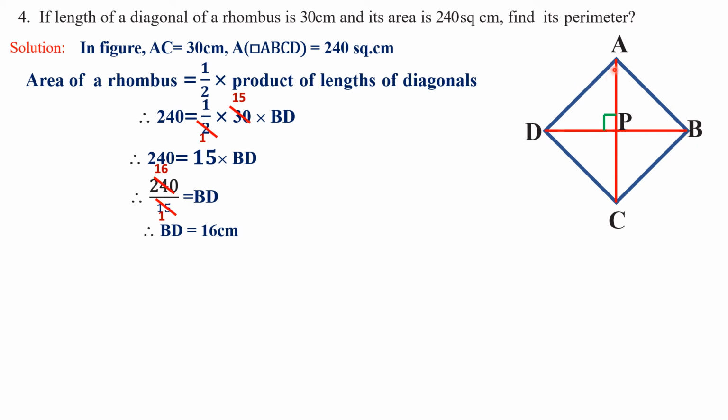Here BD is equal to 16. Now we find out the side of the quadrilateral. So we first find out half of the BD, that is DP. Therefore DP is equal to BD upon 2. 16 upon 2 is equal to 8 centimeter.